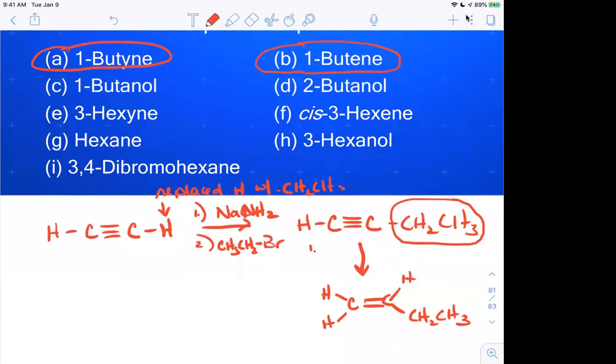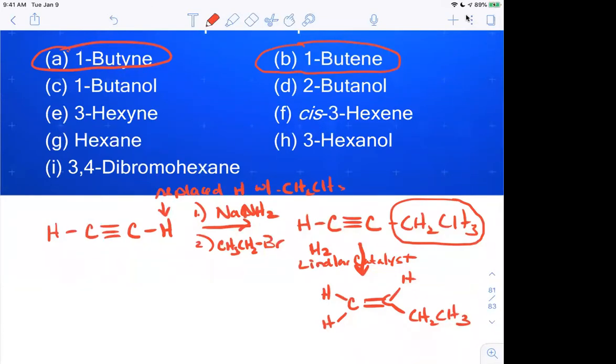Yes. I'm going to use hydrogen in the presence of Lindlar catalyst. I don't have to worry about stereochemistry here because I don't care what that stereochemistry is. I don't have cis or trans, but I need to be able to stop at the alkene. So in order to stop at the alkene, I need to use Lindlar catalyst.